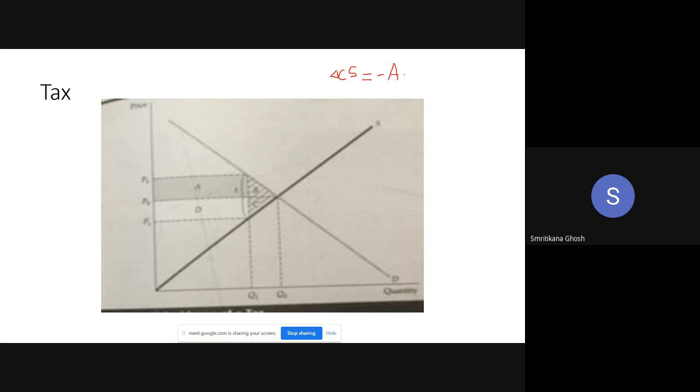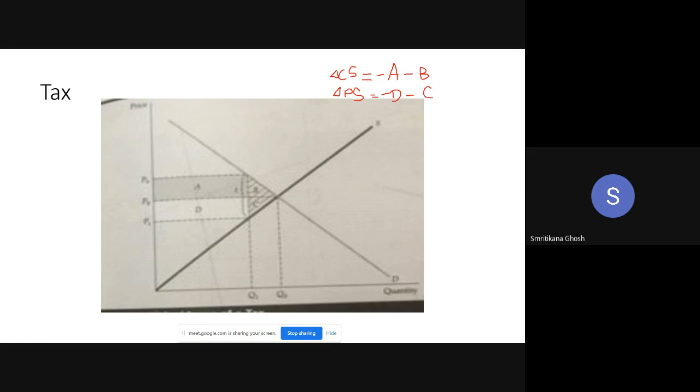Minus A, minus B. And what about the producer? The producer is also the loser because he is receiving a lesser price than before. So the change of producer surplus is minus D, minus C. If you have any doubt with whatever I am writing, please stop me and ask. Any doubt with that?